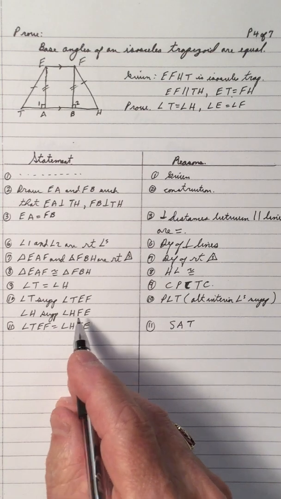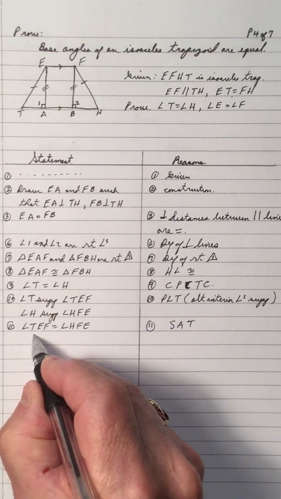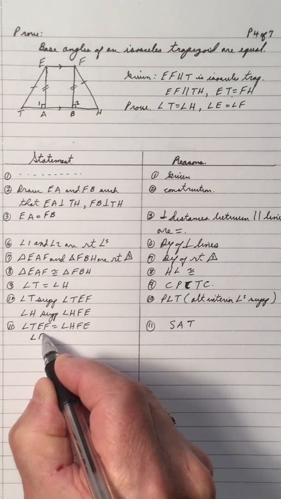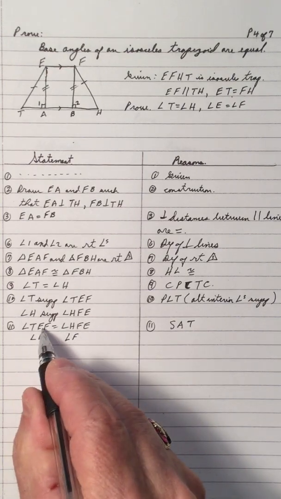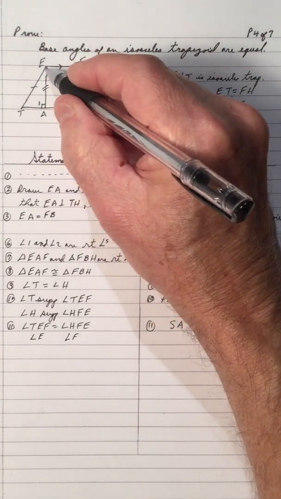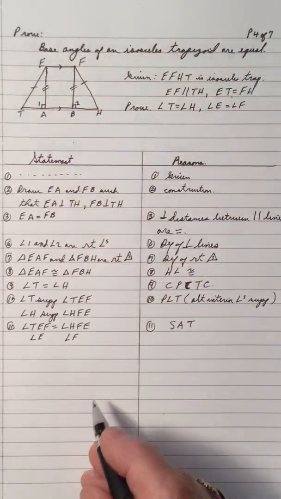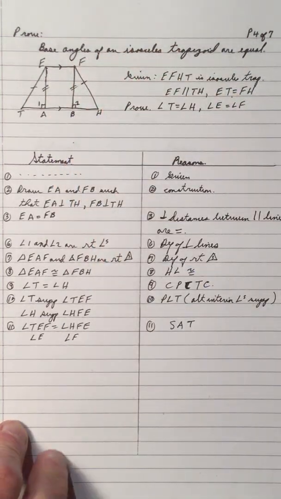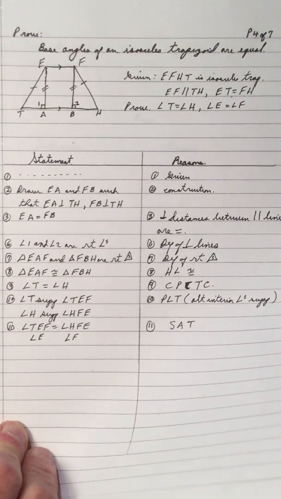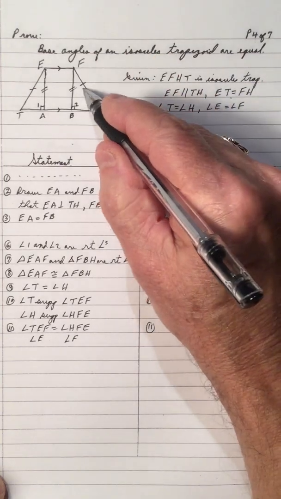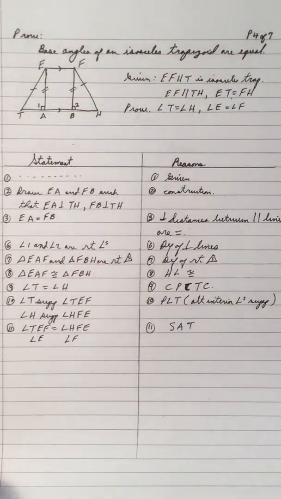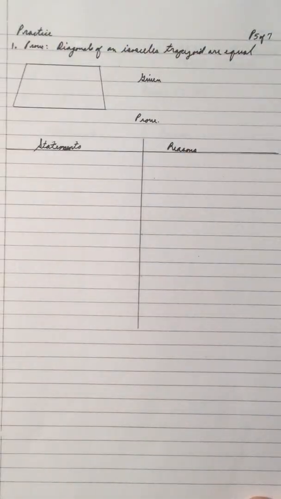So remember, that's angle E and that's angle F, before I drew the two perpendiculars here. So we proved that both pairs of base angles are equal in an isosceles trapezoid. Remember, an isosceles trapezoid has the legs equal. So in an isosceles trapezoid, all the base angles are equal.